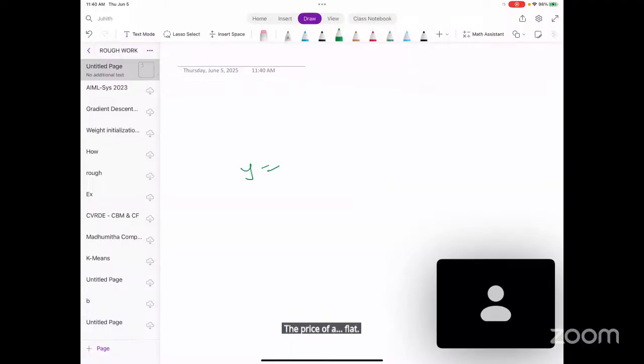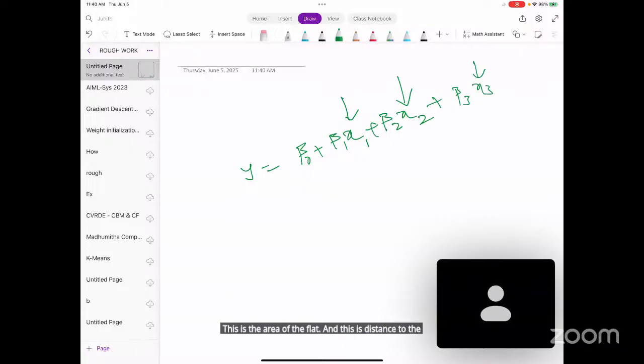Area in square feet, number of bedrooms, kitchen. Perfect. Let's say this is the number of bedrooms, this is the area of the flat, and this is distance to the airport. Let's say this is how many schools are there within 2 kilometer radius, all of that. Okay, so beta 0, beta 1, beta 2, beta 3, beta 4, these are the parameters of the model.